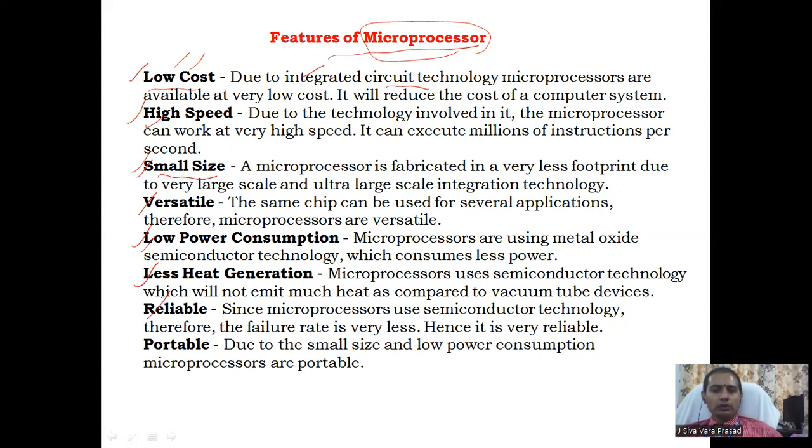Reliable. The failure rate is very low. Mostly if you purchase a smartphone or even a laptop, the processor failure rate is very low. And portable. We can easily carry a processor from one place to another. Because of all these features, microprocessors are so popular nowadays.